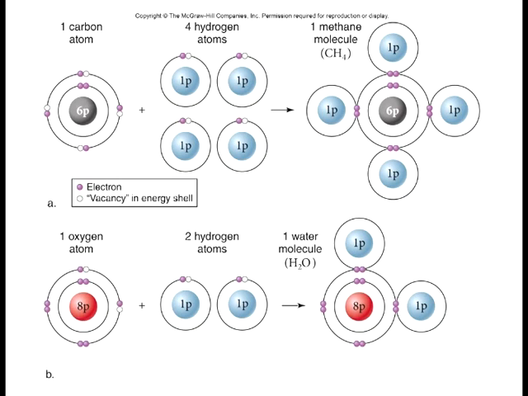All right. So where does it get it from? Well, when the hydrogens come in close contact with the carbon, they all start sharing their electrons with one another. Carbon will share one of its electrons with each hydrogen, and hydrogens will share their electrons with carbon. As I mentioned, they're not just sitting in between the atoms. They're constantly circling them.